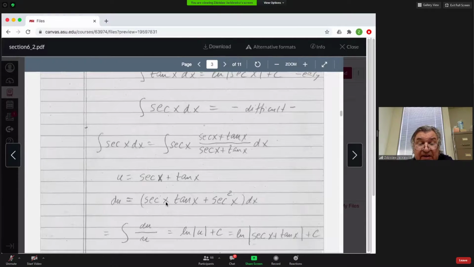So du is secant tangent plus secant squared. And you see that du is the whole thing here. Here we have secant squared plus secant tangent. So everything we have in the numerator is just du.